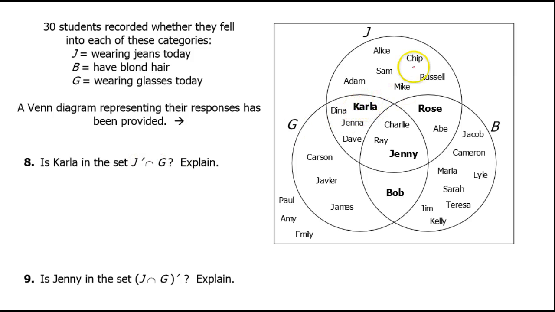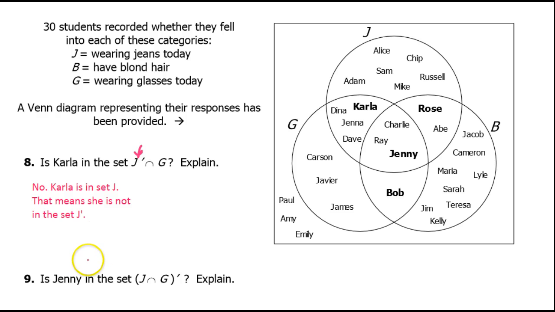No. Here's Carla right here. Carla is inside of set J. So to be inside of not J, she would have to be out here. So this is false. So I can say, no, Carla is in set J, as you can see. That means she is not in the set not J.